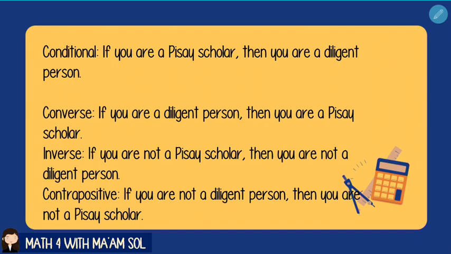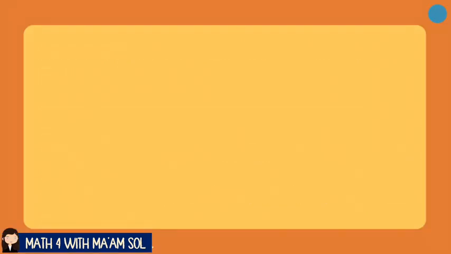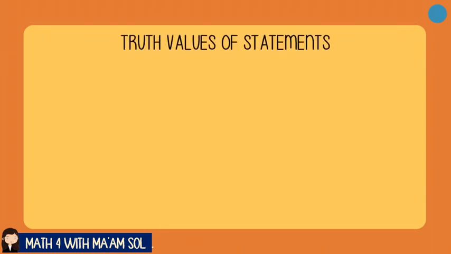In a world of rampant misinformation, it is a good quality for us to check the truth or falsity of statements that we encounter every day. This truth or falsity is what we refer to when we say truth value of a statement. Let's say we have the statement 5 times 6 is equal to 30.